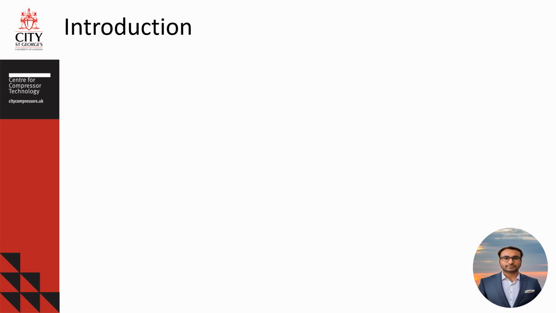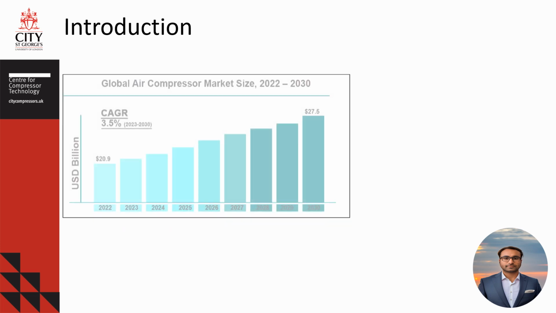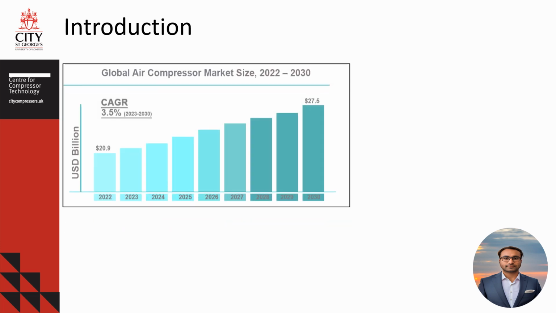To understand multi-stage screw compressors, we first need to look at the air compressor market. As you can see from the histogram on the left, the compound annual growth rate of the global air compressor market is about 3.5% from 2022 to 2030.